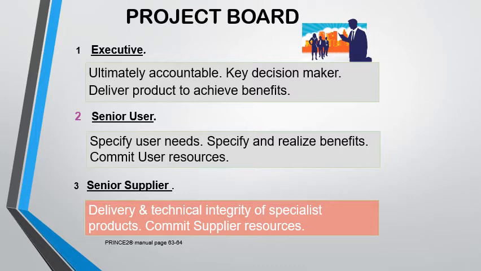So their focus is always going to be on supplying information, technical integrity, details about how a product is going to be created or purchased on the project. So they are the ones that know how a product that is defined by the user will be created and delivered on the project. So the senior user is a key representative on the project board regarding that interest.